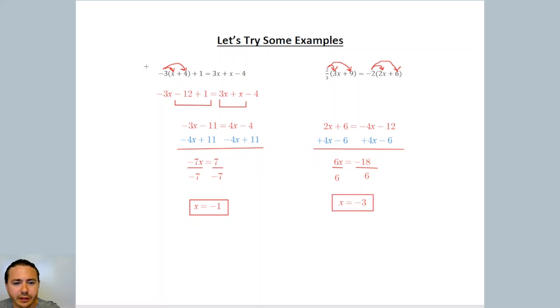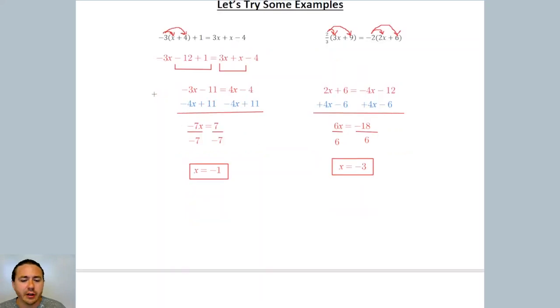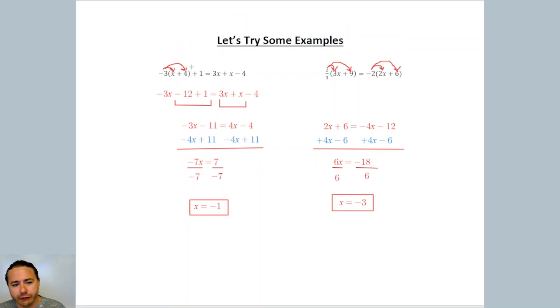Okay, so these are the kinds of equations you're most likely going to see in terms of linear equations, ones where you have to do all the steps. So just to refresh here, you want to use the distributive property first, combine like terms, like we did here, then move your linear terms to the left and your constants to the right.